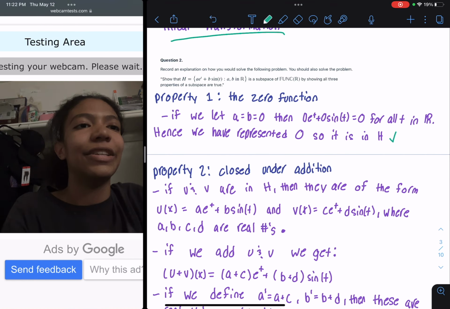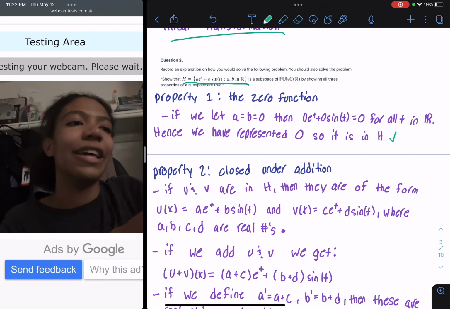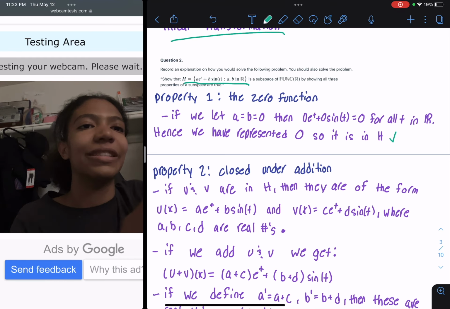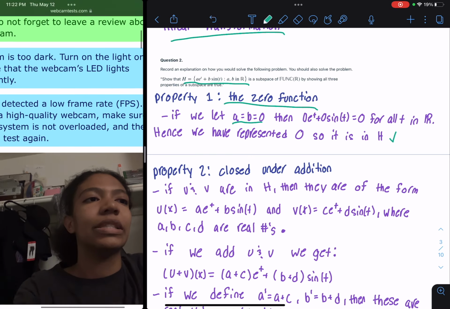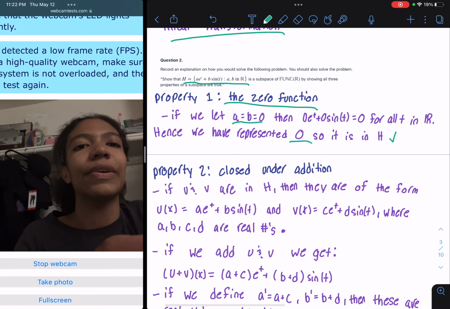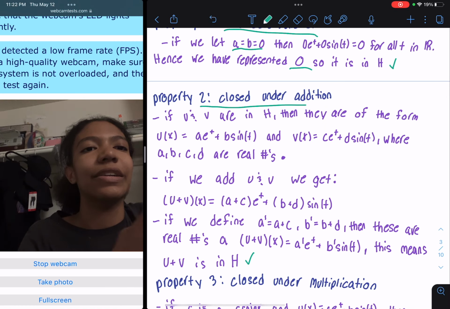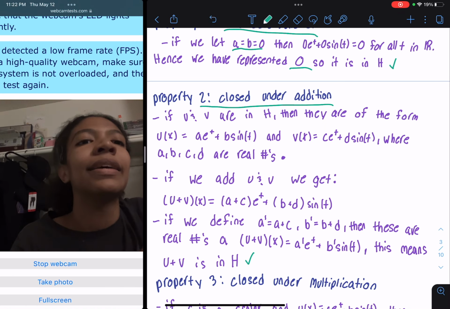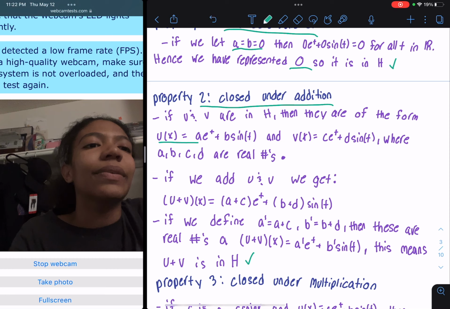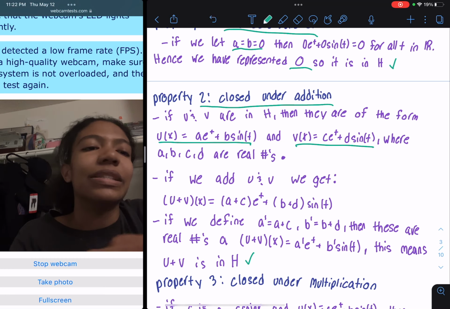And then question 2, we had to prove that H was a subspace. And to do that, we need to prove 3 properties. The first one is the zero function. If you let A and B equal 0, then you get 0. So that's satisfied. And it needs to be closed under addition. So I let U equal this and V equal this.